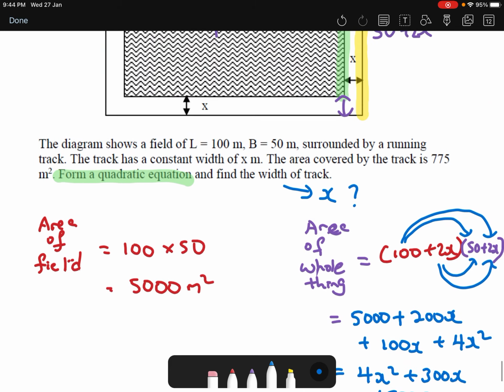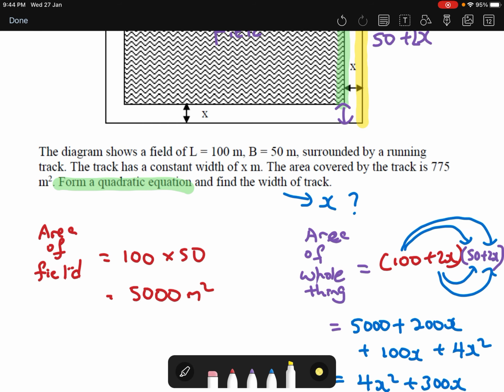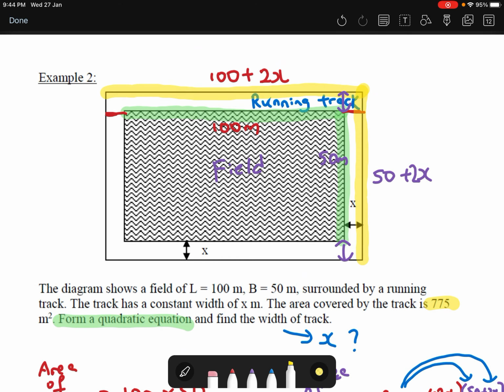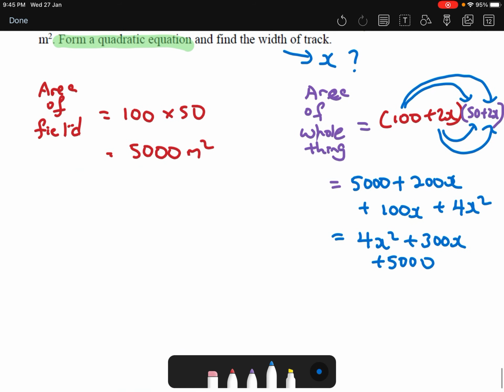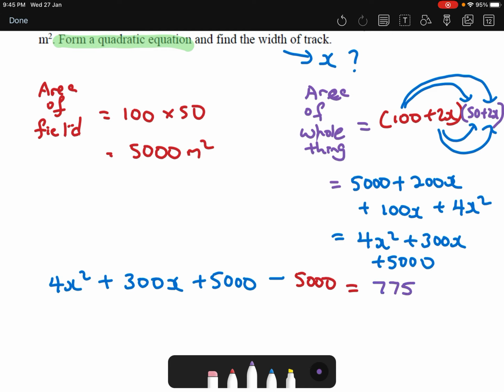Now we are also given that the area of the track is 775. The area of this track is only the white part. So just minus away the area of the field to give us the area of the track, 775.